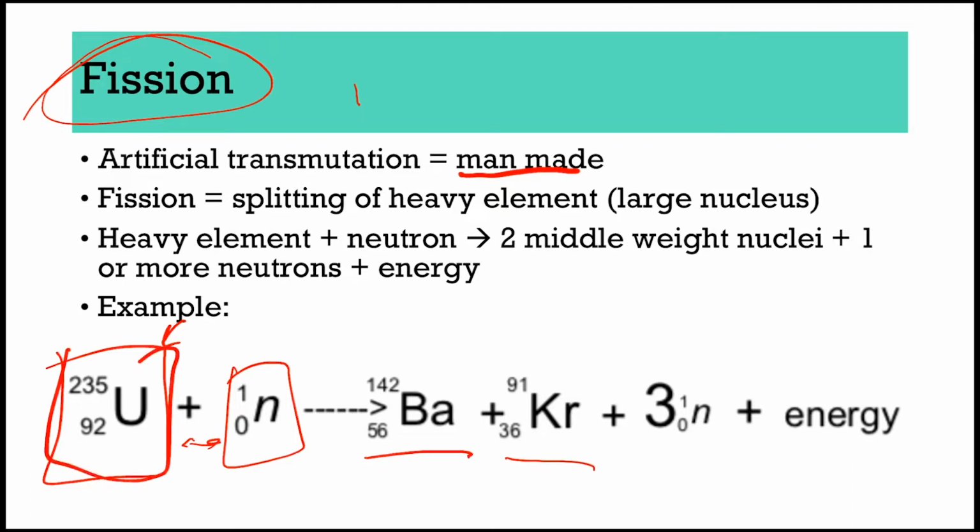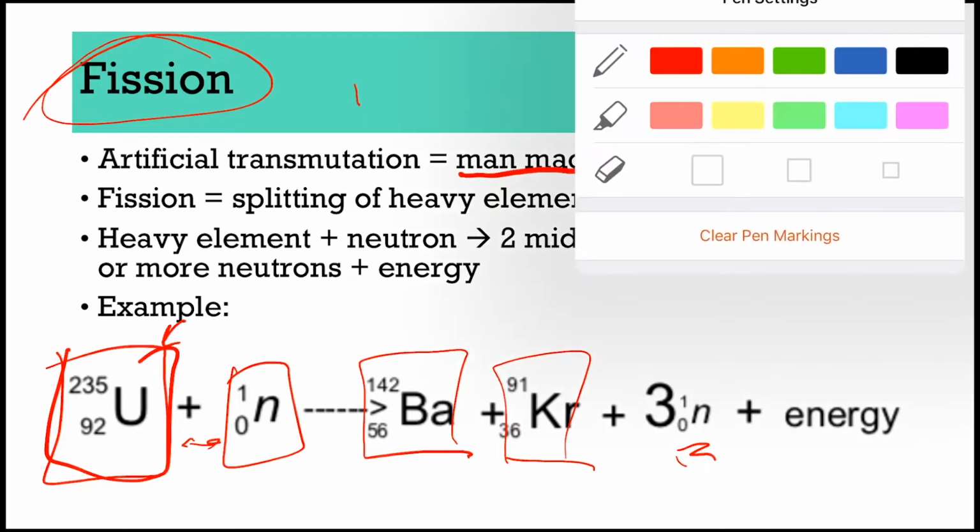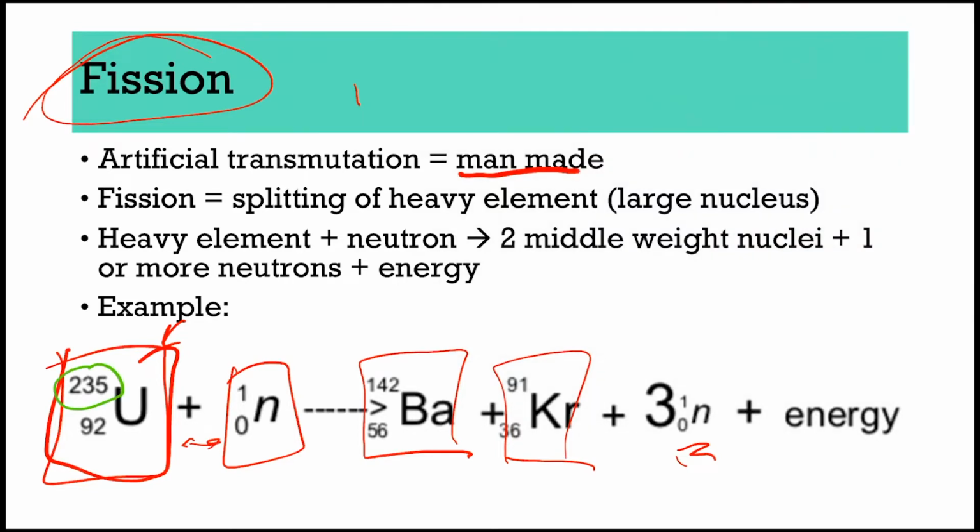So big uranium is broken down into two smaller elements, and then these represent your neutrons. This top number is your atomic mass, how much the atom weighs. Uranium is 235 atomic mass units, and when it breaks down, the two smaller elements have much smaller masses.